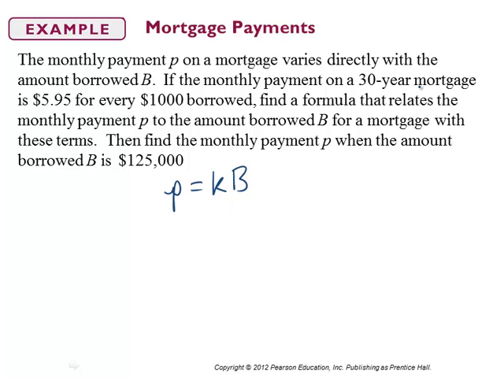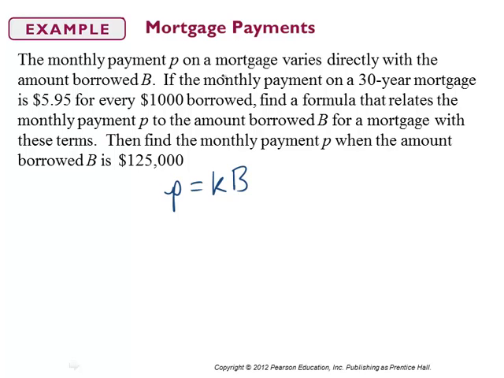If the monthly payment on a 30-year mortgage is $5.95 for every $1,000 borrowed, find a formula that relates the monthly payment P to the amount borrowed B for a mortgage with these terms. Then find the monthly payment P when the amount borrowed is $125,000.